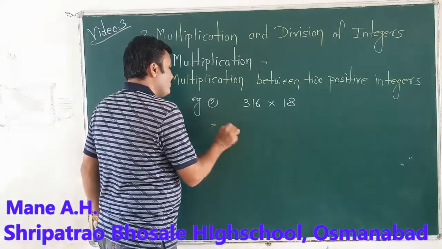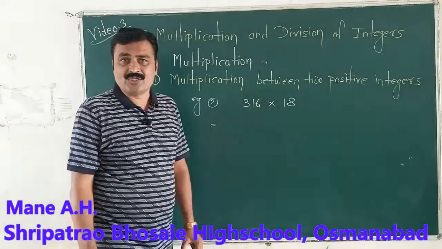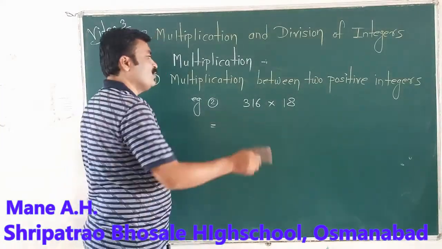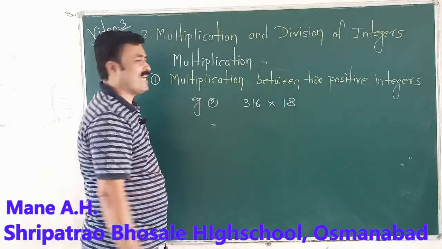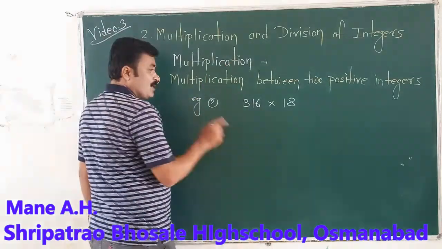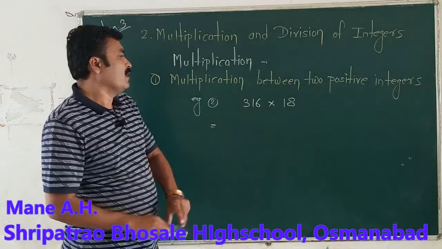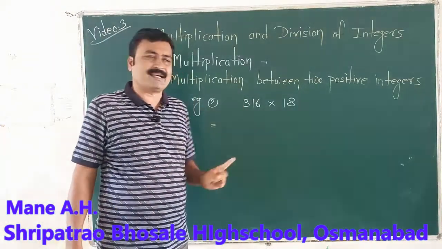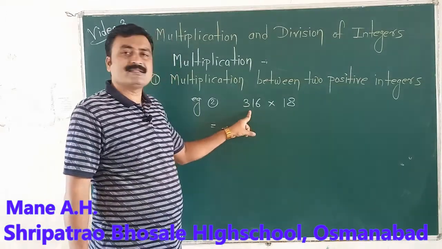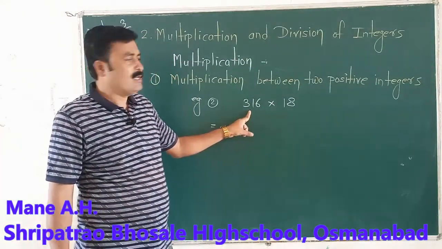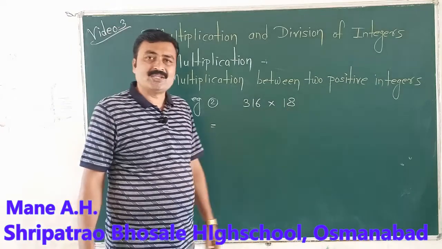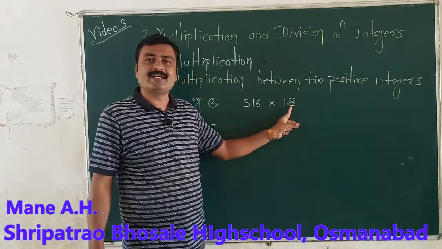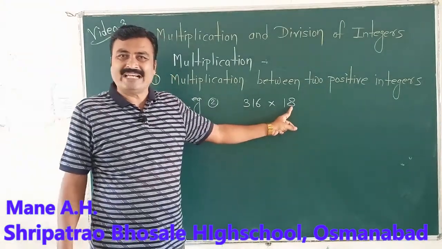So if you make the table of 18 easily, then you can do the multiplication in a horizontal way, or you can continue in a vertical arrangement also. Now, let's observe the example. While writing 316, I am not using any sign behind that. That means this is a positive integer. And if we observe 18, there is no sign behind this 18. That means 18 is also a positive integer.